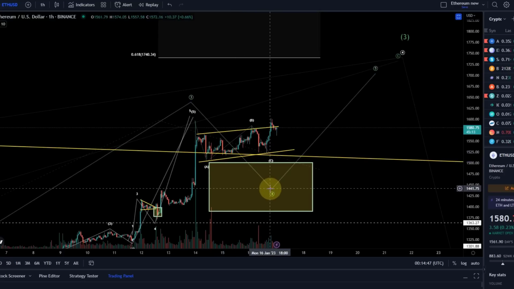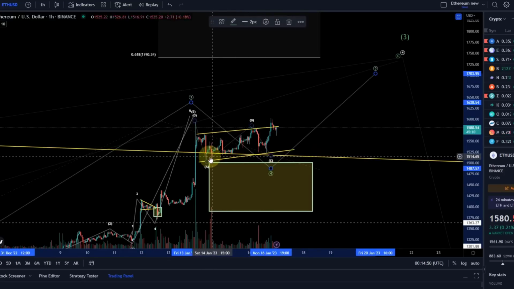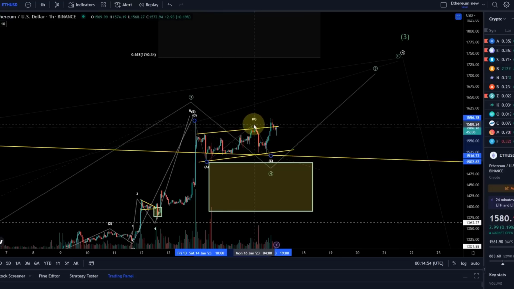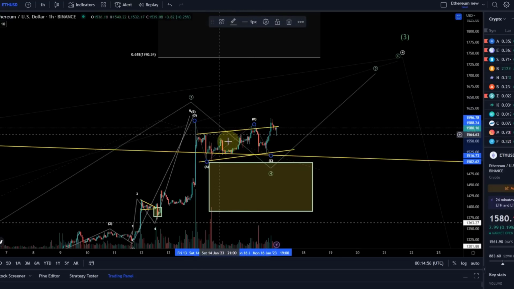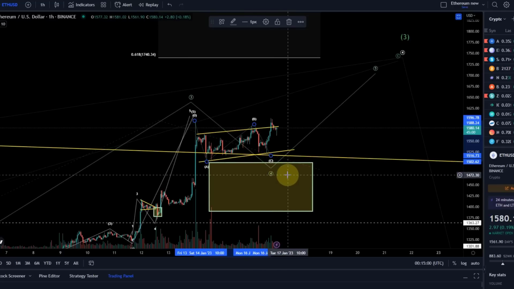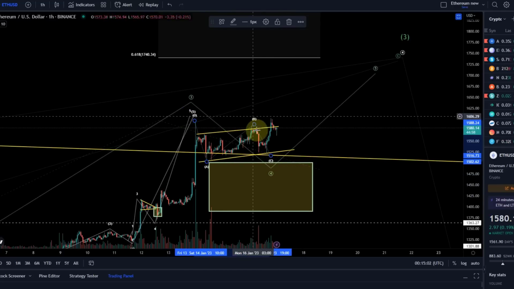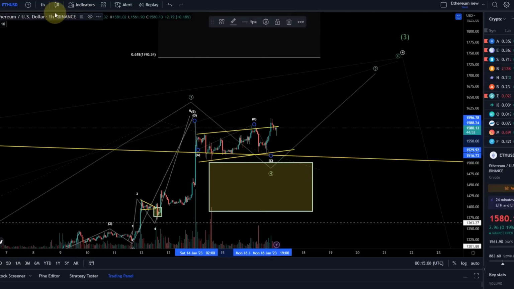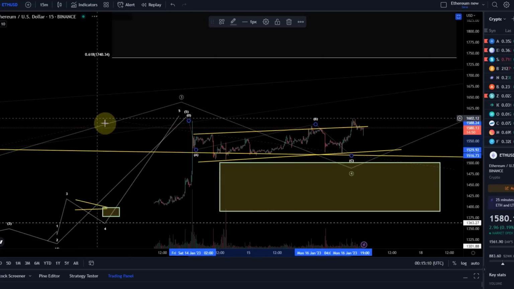But I had another solution as well, which actually makes it an expanded flat. It's a bit of an exotic pattern. Sorry, no, it doesn't make it an expanded flat, just a normal flat pattern, ABC, because the B wave obviously never went above this high. If I put the wave A high here, so I have to go to the lower level, lower detail.